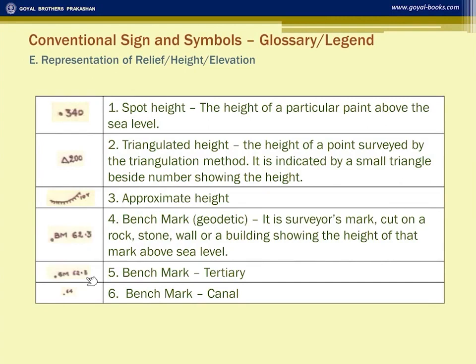The benchmark for the canal is shown with a dot and the height written in brown. That is the difference. BM, benchmark, and mark for the canal is always shown in brown.